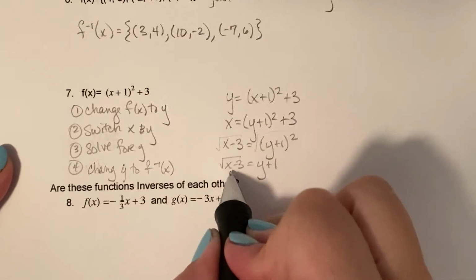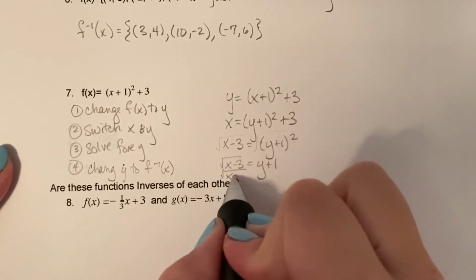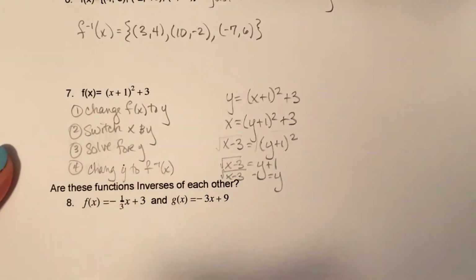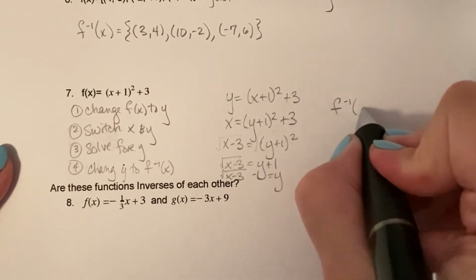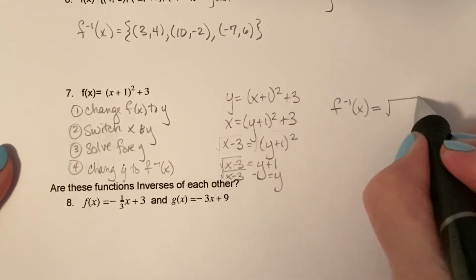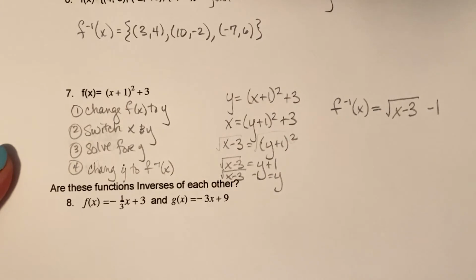And now move that 1 over. Okay, last step, change the y to f inverse. So f -1, or f inverse, equals square root of x minus 3, minus 1. And make sure that minus 1 is outside that square root sign.